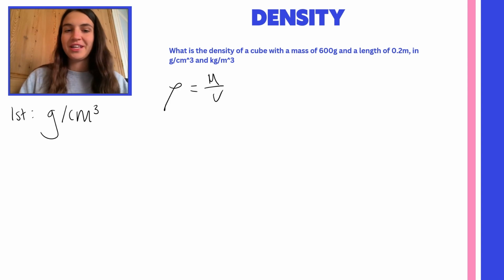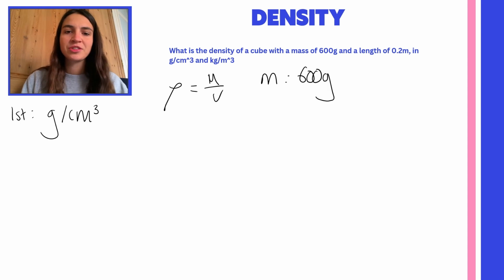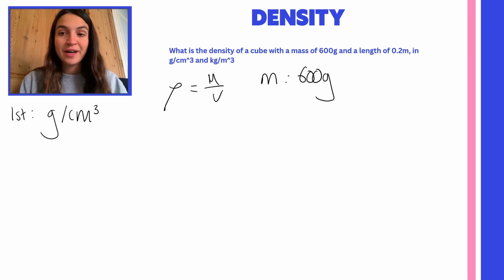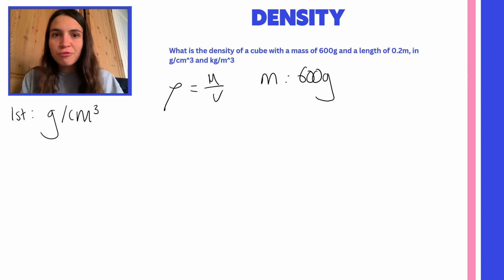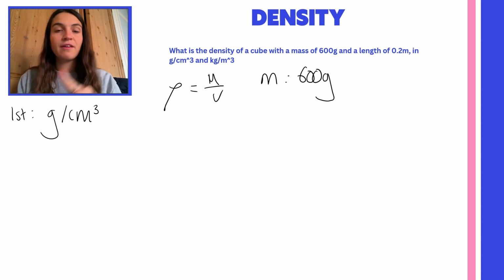So my equation is density, I've given it that little symbol rho there, is mass divided by volume. So what is our mass in the question? Well, it is 600 grams. Now, because at the minute I'm looking for a density in grams per centimeter cubed, I can leave my mass in grams because that is matching the units of my density.